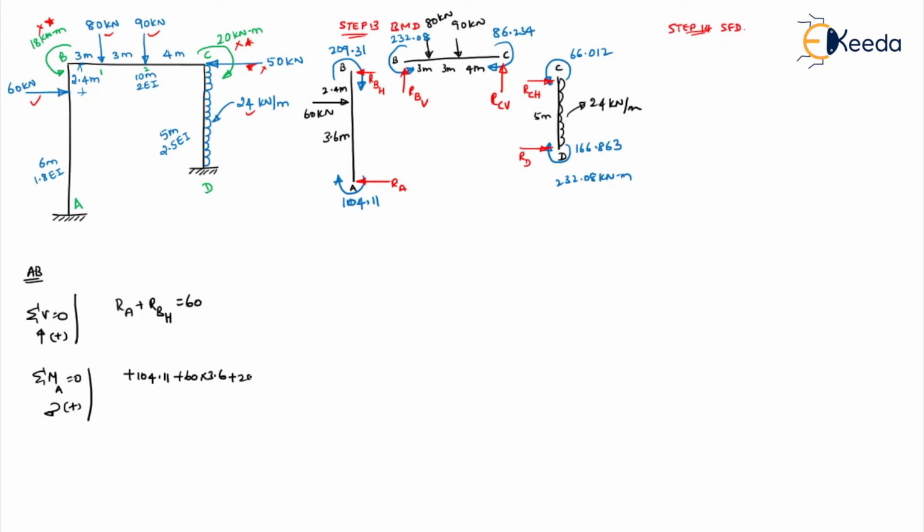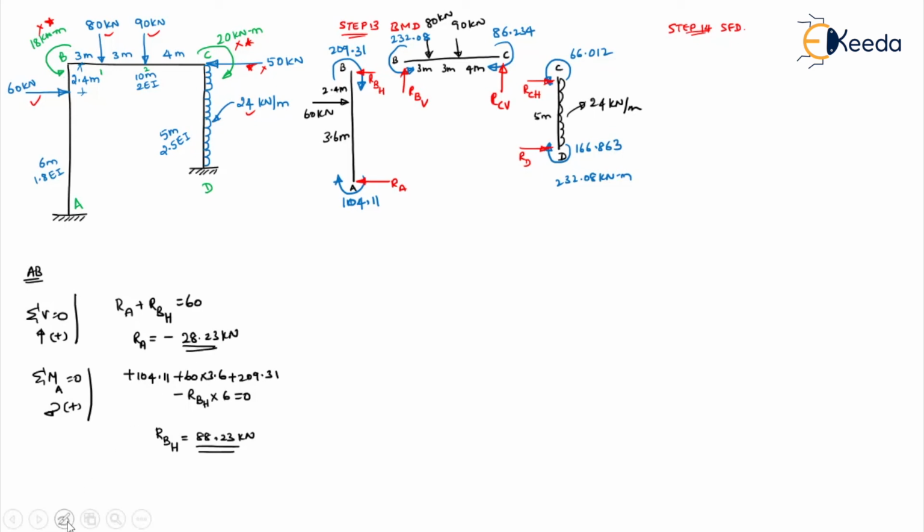Again plus 209.31 minus RBH into what is the total distance? 6 meters. So this will be equal to 0. On simplifying, you will get the value of RBH equal to 88.23 kilonewton. If you substitute this here, you will get the value of RA equal to minus 28.23 kilonewton, right?